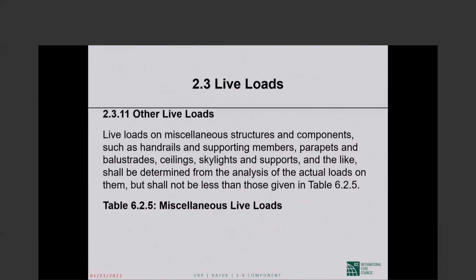I do not know that it is a violation of the code. It is just like moment redistribution is simply not done anymore. I'm not telling you don't do it, but all I'm telling you is that the current circumstances typically don't allow you to spend that kind of time.